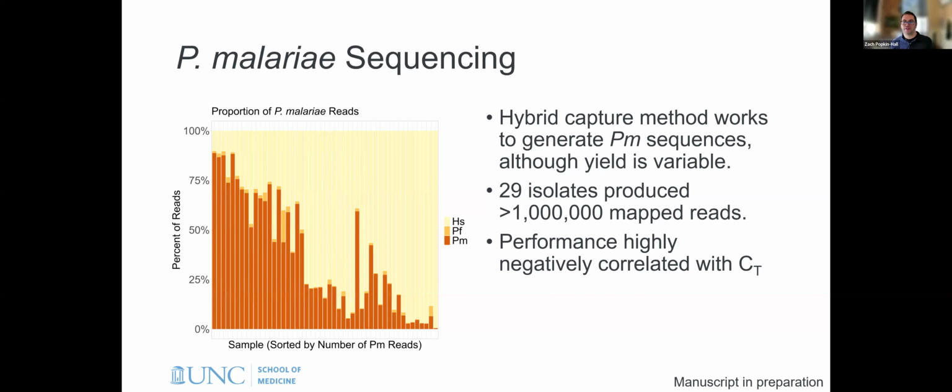So even though there's some variability, this hybrid capture method works well to generate PM sequences. And 29 of these 50 isolates produced over 1 million reads that map to PM.